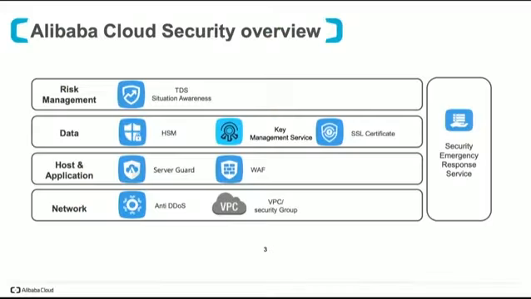Then on the right-hand side, Alibaba Cloud also offers, for customers that have a requirement for a managed security solution, end-to-end, 24/7, all year round managed security. And we can have a look at the details.